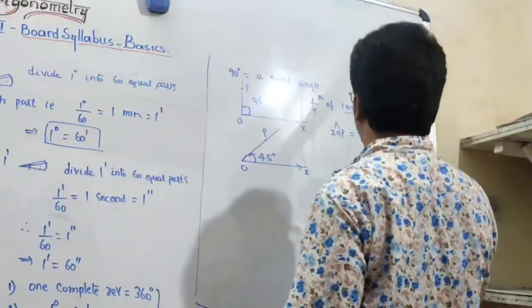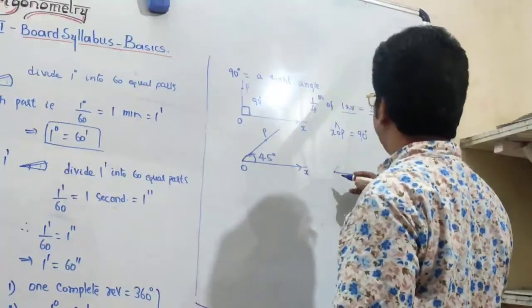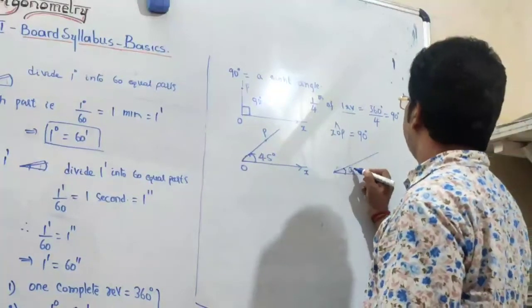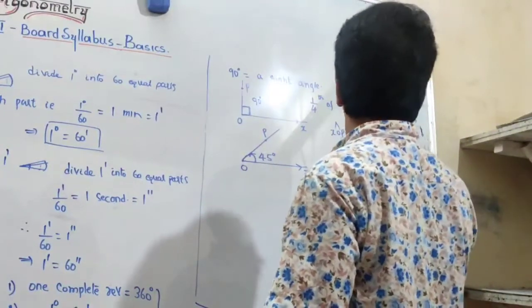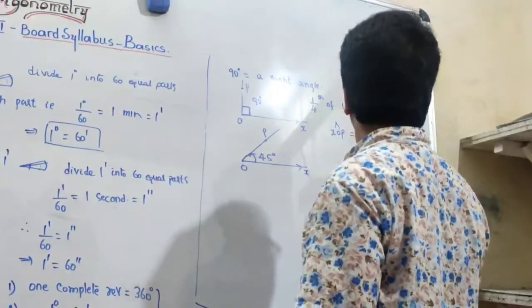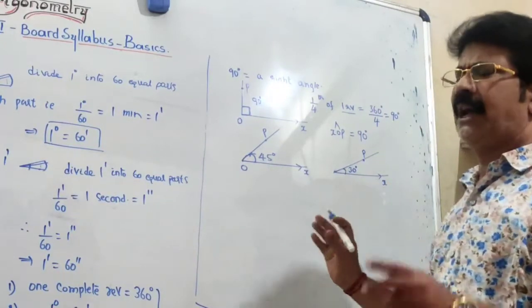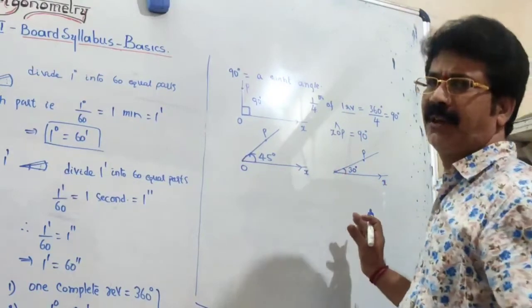This is X. Half means 45 degrees, and 30 means just less than that. So it is 30 degrees, like that. OP is the terminating point. For 30 degrees, we represent it like that, approximately.